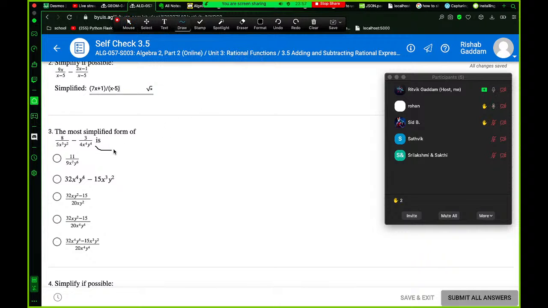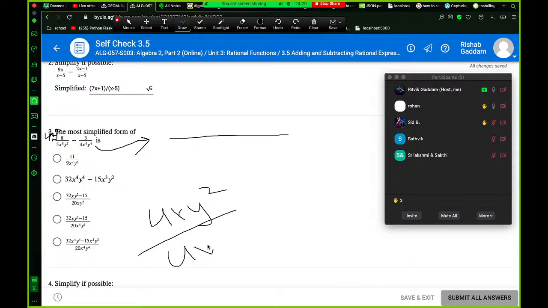This one we find the denominator. So when the left hand side is multiplied by 4xy squared, you multiply it by 4 over 4x squared. On the right hand side we multiply by 5 over 5.